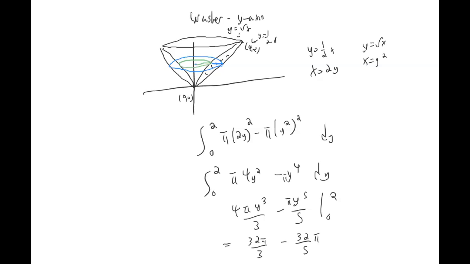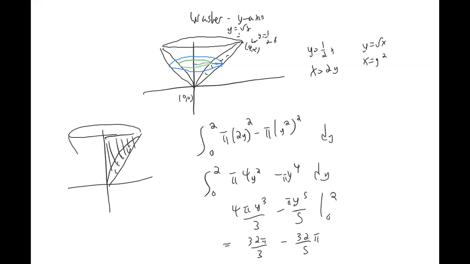Everyone see this? So again, if it's a disk, then it's just pi times the radius squared. If it's a washer, if you have holes, then think of it like outer minus inner. So for this example, if instead my region was this whole thing here, then it would be a washer.